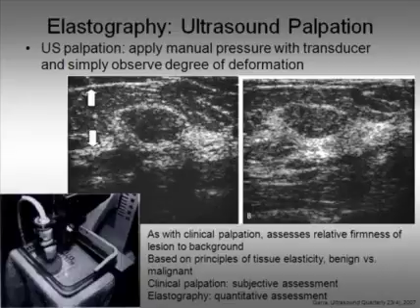Now, the principle underlying all assessment of tissue stiffness is the idea that abnormal or malignant tissue is going to be more stiff than benign breast tissue. Now, clinical palpation is subjective, and elastography, we're hoping, produces a more quantitative assessment of tissue firmness.